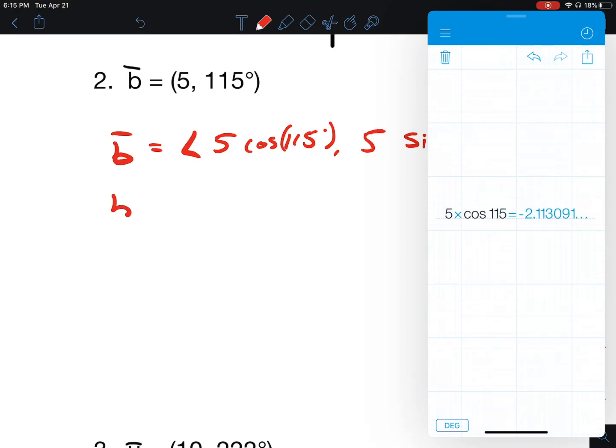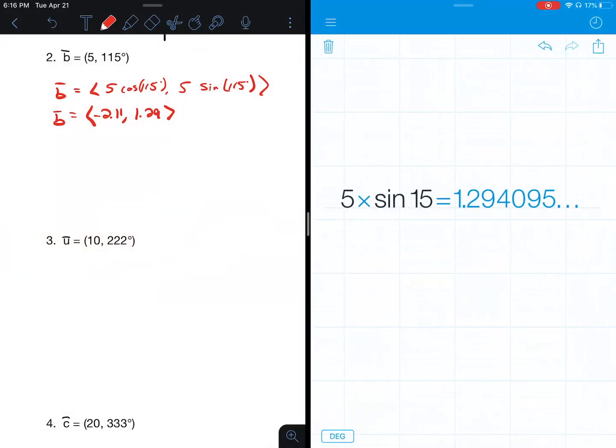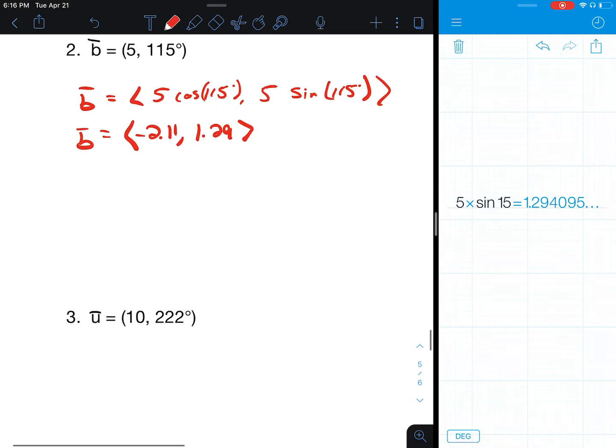That would be negative 2.11 for x, and for y it would be about 1.29. And let's make sure that we have the correct signs. 115 degrees is in quadrant 2, that's left and that's up. So yeah, that makes sense.